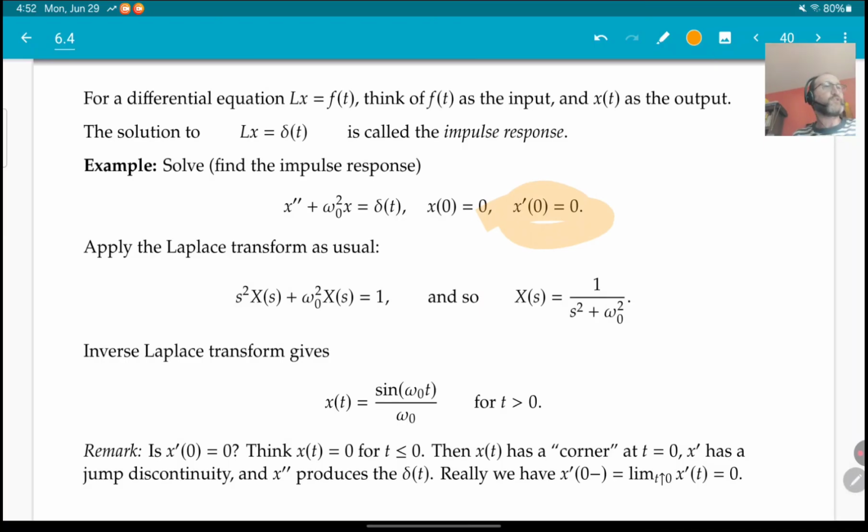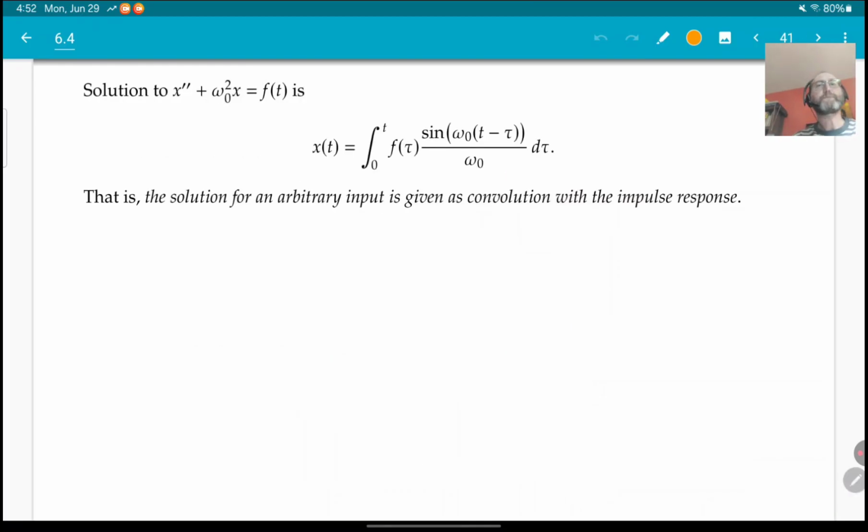So really what you should think of is the limit of x prime from the left, x prime of 0 minus, which is the limit as t goes up towards 0 of x prime. That's the way to think about it. But it's important that it's not sine, it's sine for positive t, 0 for negative t, or undefined for negative t.